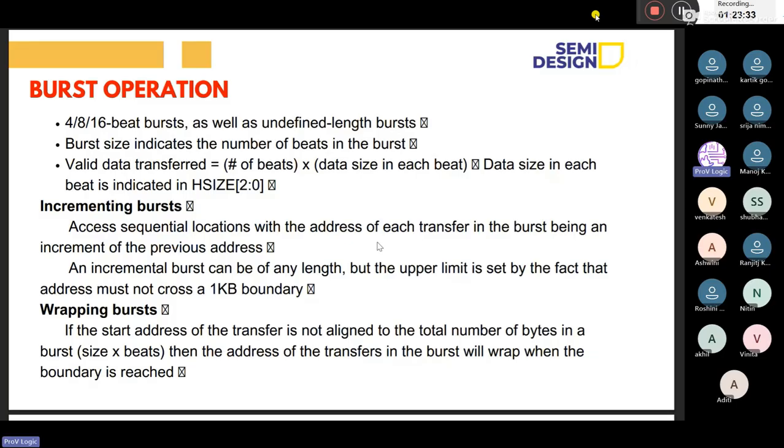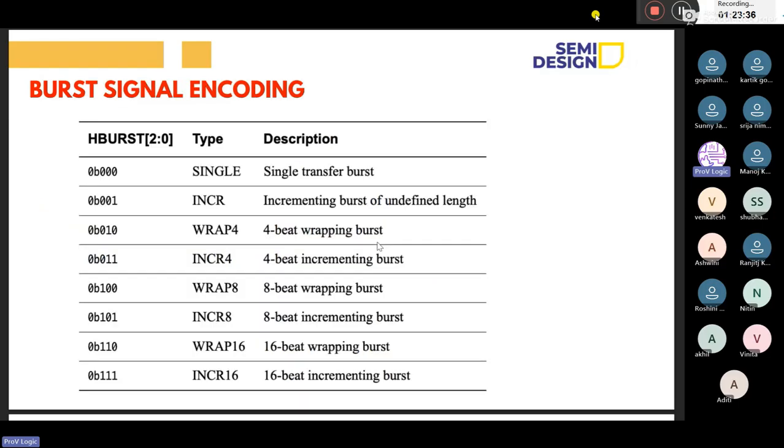In the AHB protocol, we have different types of burst transfers. Single means only one data will be transferred, only one word will be read. Increment means continuous data transfers will be done. It keeps on reading until the master stops. In increment, we have different types like increment 4, that means 4 transfers; increment 8, 8 transfers; increment 16, 16 transfers.